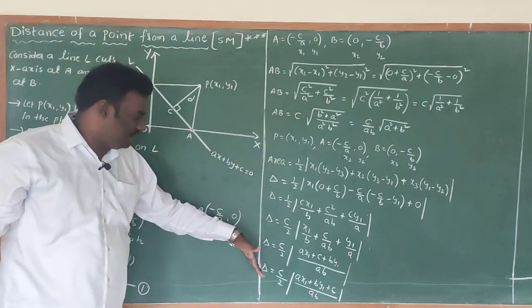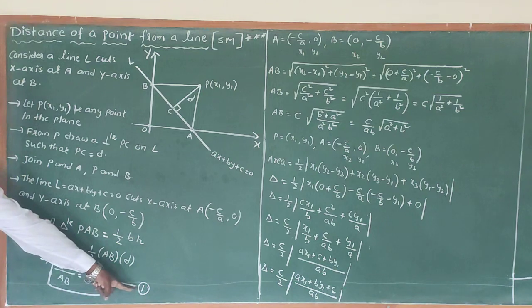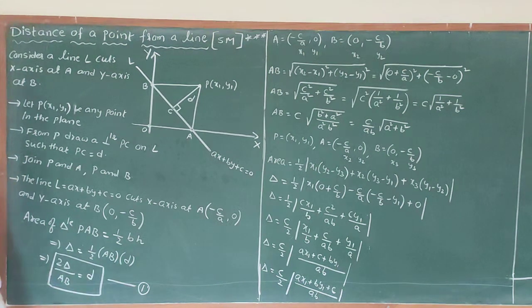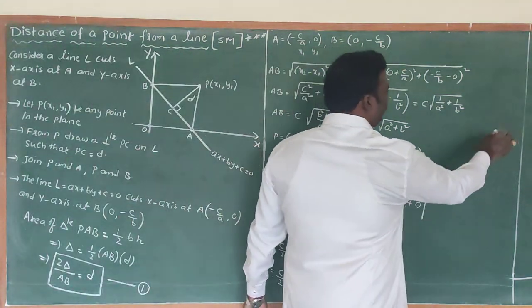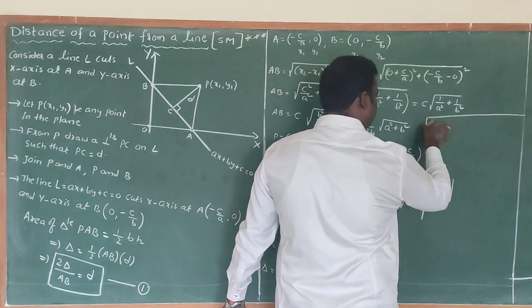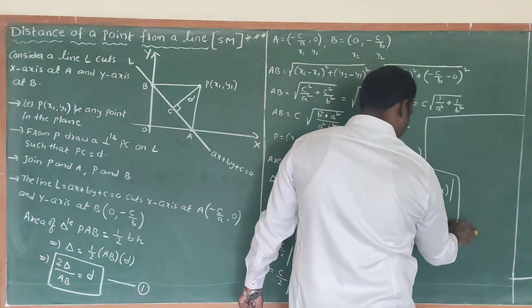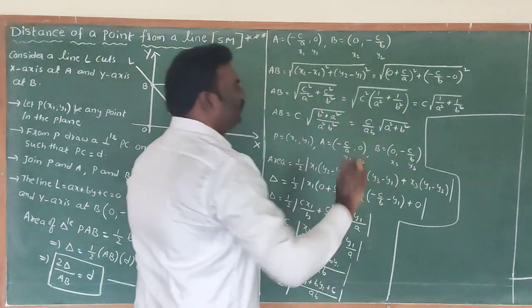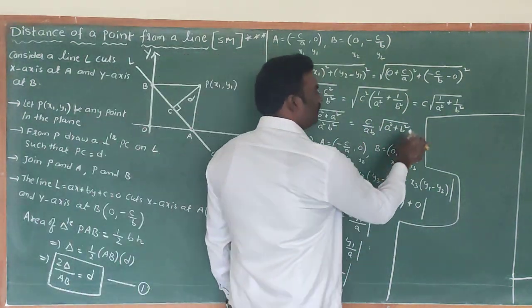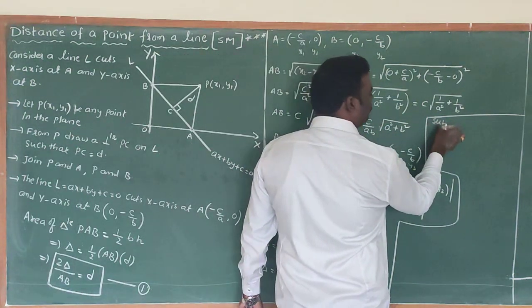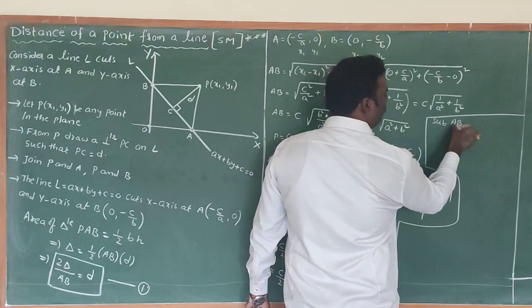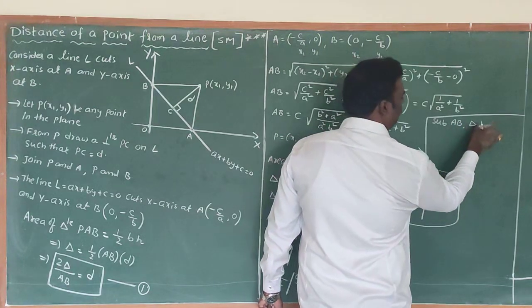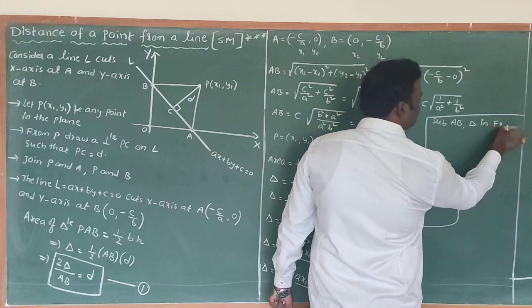Substitute these two values in equation 1, you will get the distance D. Okay. Substitute AB, delta in equation 1.